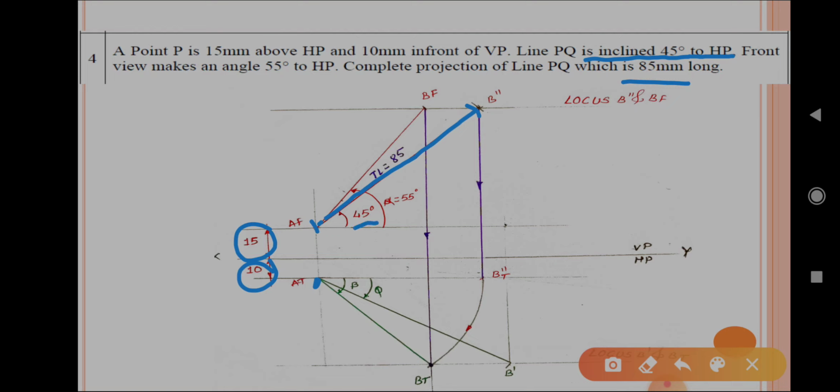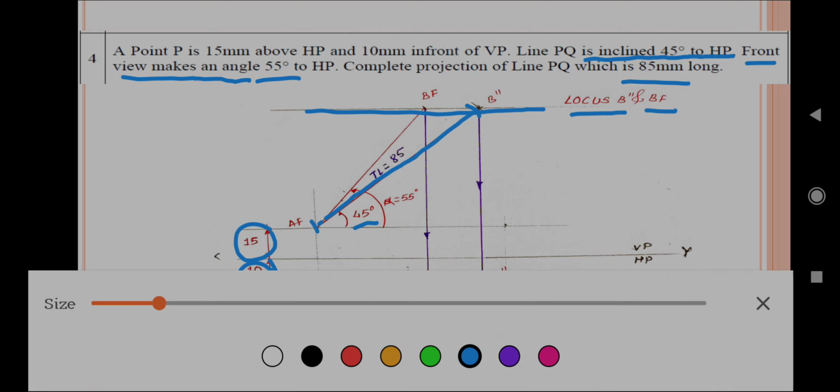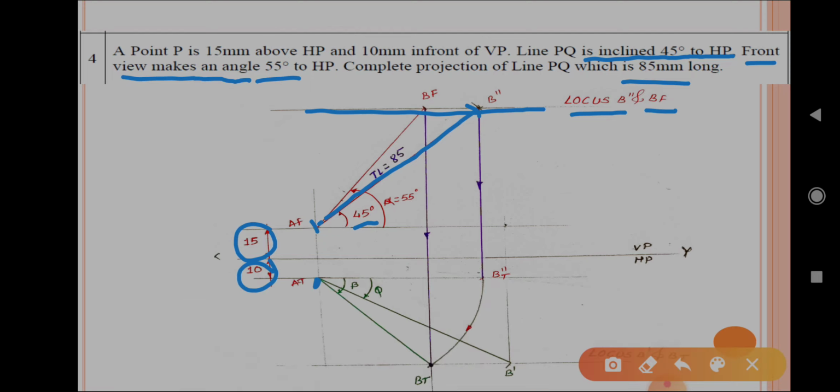True inclination is given. In a similar way, we get the locus of B dash F and BF, because the front view of the line makes 55 degree. So take the 55 degree and draw the 55 degree line. The point we get is BF.